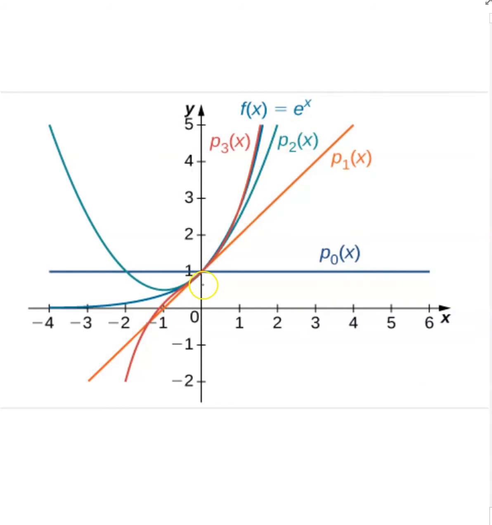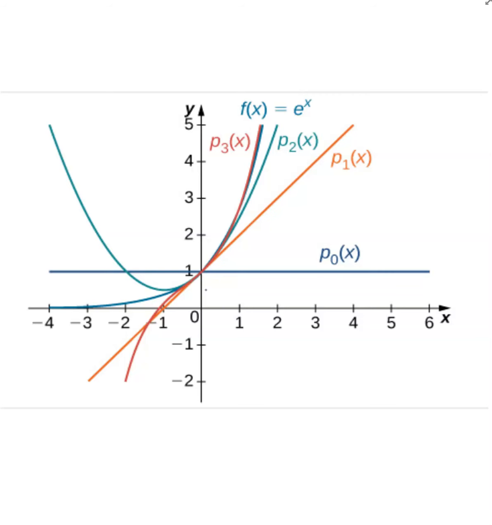So we are interested at 0, okay? And again, as we expected, they all pinch at 0, so it's all good. P0 is 1, so it's a horizontal line at 1. P1 is a linear function, so you see it's an orange line passing through the y-intercept 1.